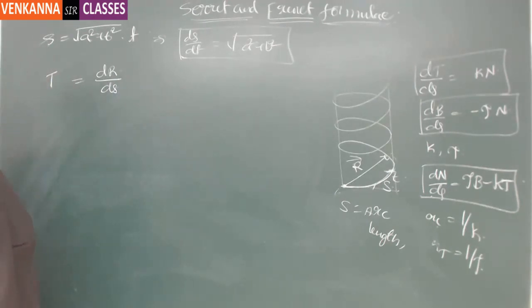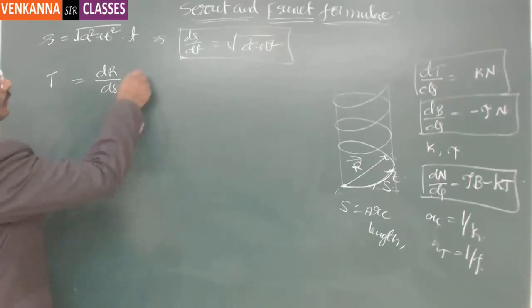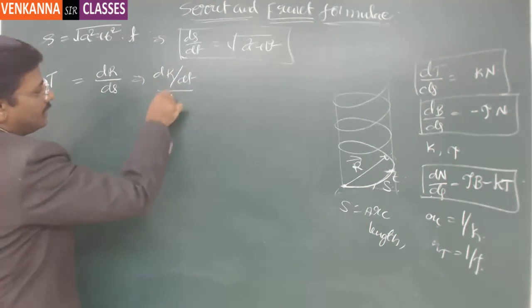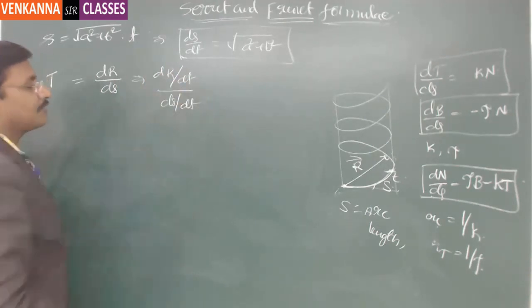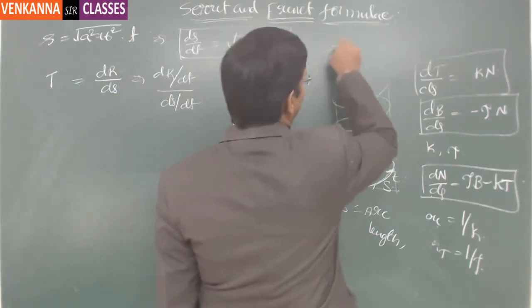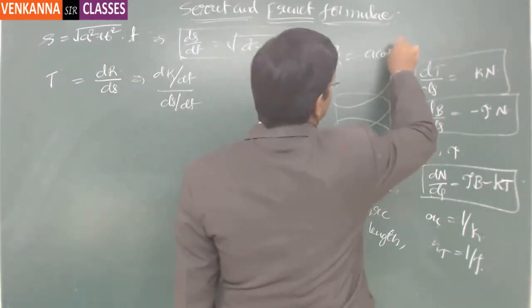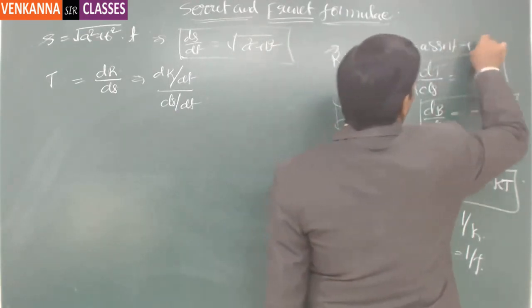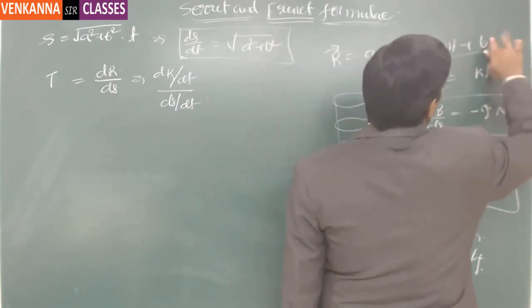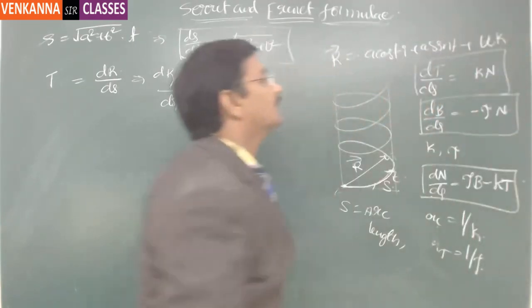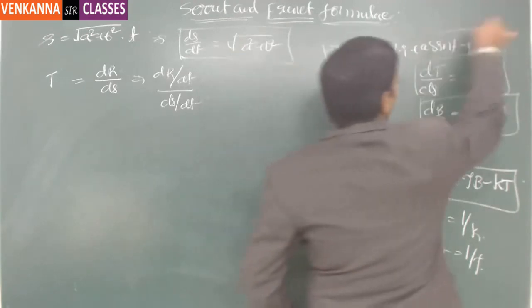So dr by ds is dr by dt divided by ds by dt. Why have we written it in this format? Because r is a function of time, given by the position vector r equal to a cos t i plus a sin t j plus b t k. That is the position vector at any instant.